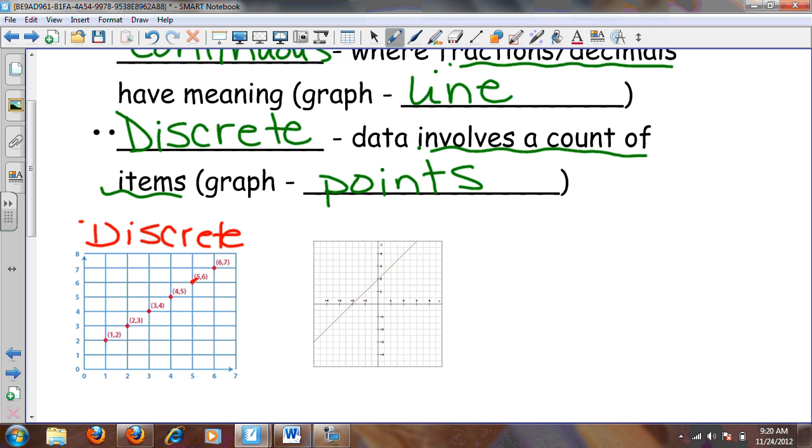The numbers in between the points do not have a value. They do not satisfy my real-life situation. That leaves this one over here with the graph, with the line, I know it's very faint on yours, as continuous. The part of the graph in between the points has meaning.